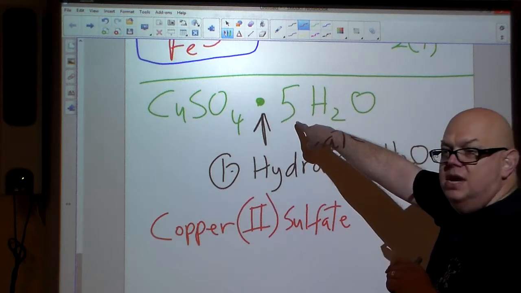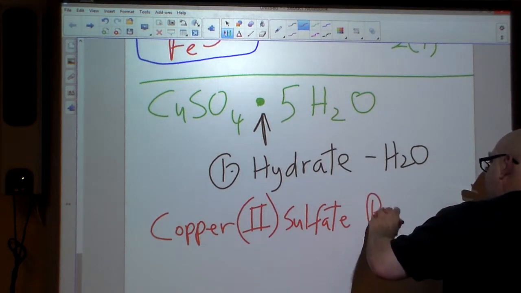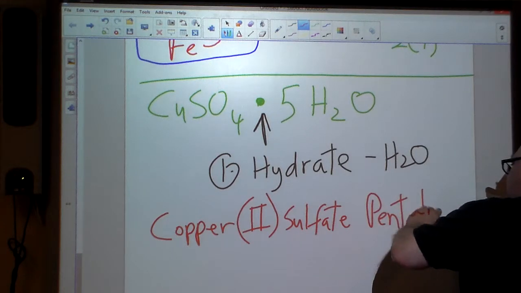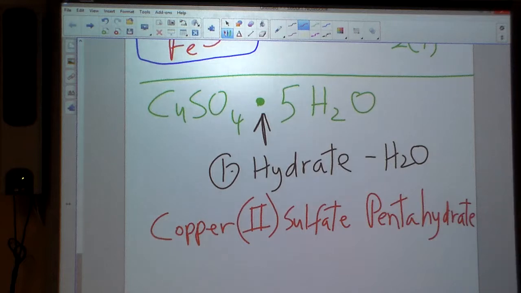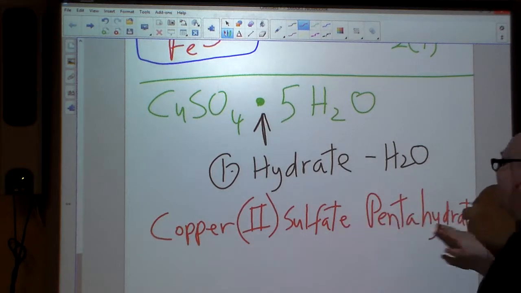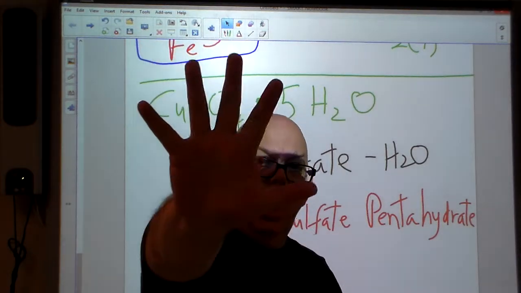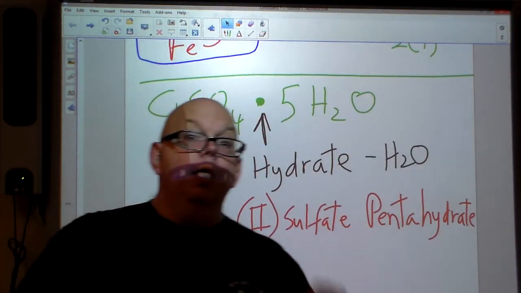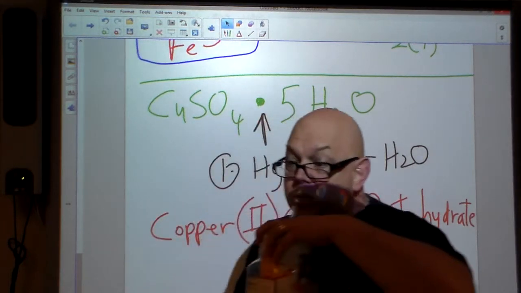Then the 5 comes in, and that's when you have those prefixes, okay? Pentahydrate. So copper 2 sulfate pentahydrate. Okay? Penta meaning 5, like pentagon, pentagram, okay? That kind of thing.